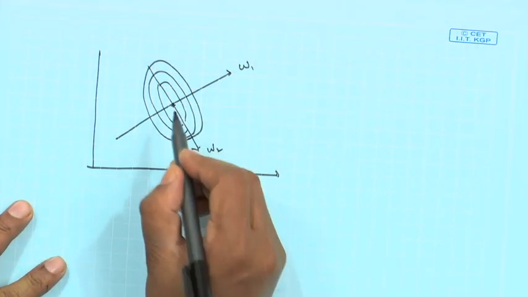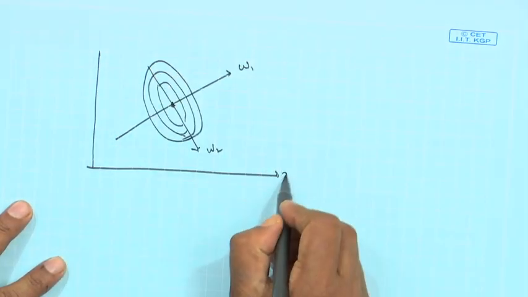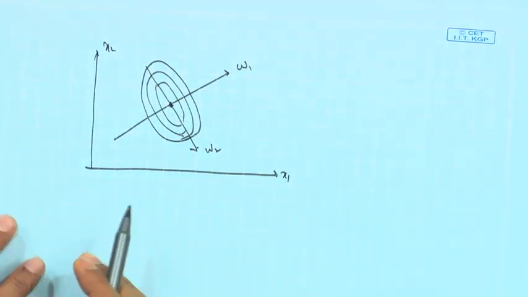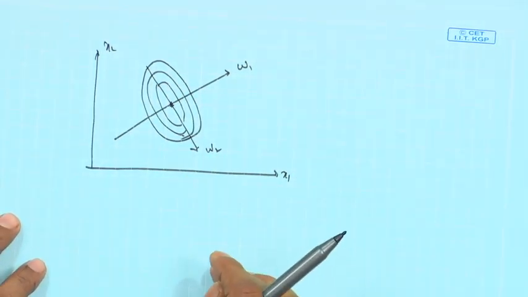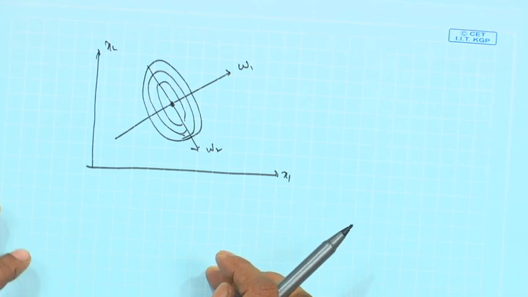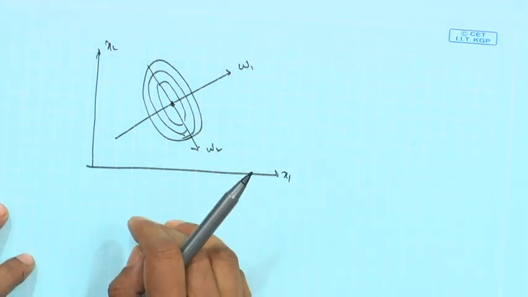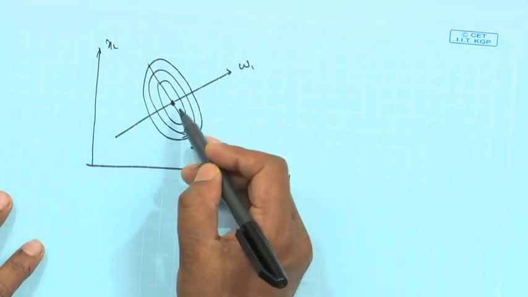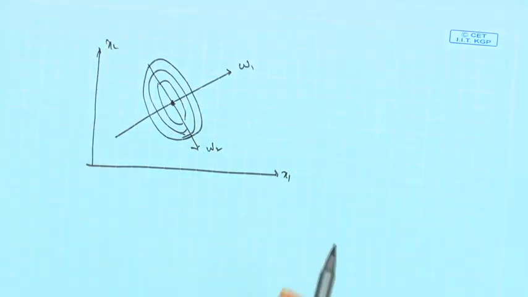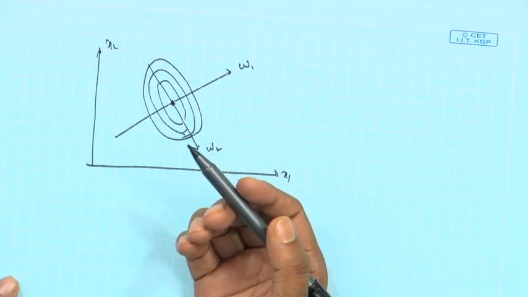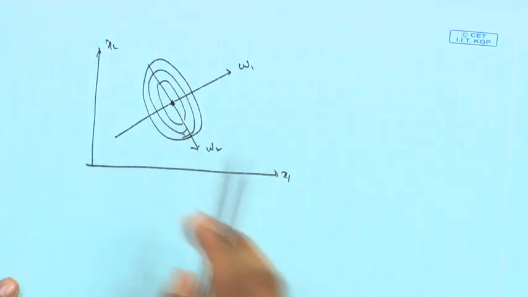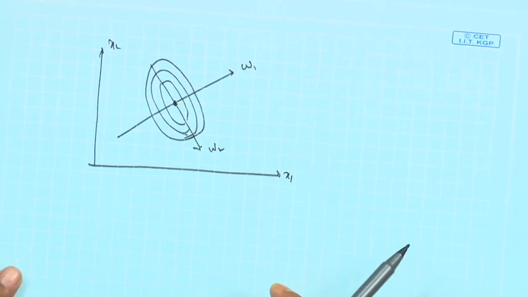Suppose you cannot operate here, because maybe the cost is prohibitive or the technicality is a problem from the operator's point of view. Then you want another location, another zone where you will operate the process. You will not incur much loss, and at the same time it will be convenient to do.